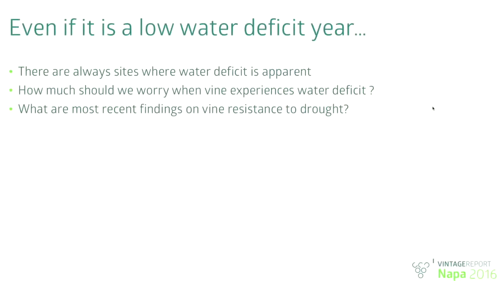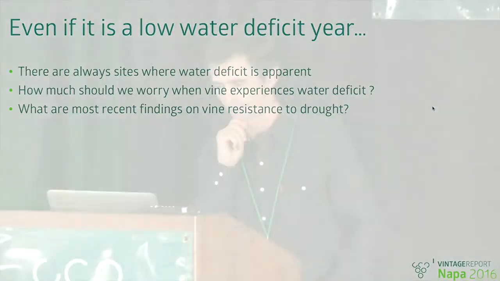Even if we are in a low water deficit year, we know every year there are sites where water deficit is apparent. How much should we worry in the context of a greater drought? How should we be in tune and updated with the latest research in terms of drought?